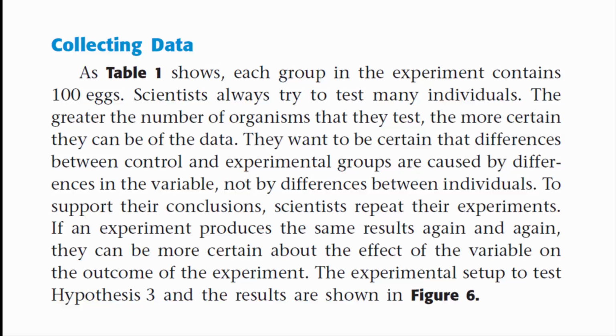To support their conclusions, scientists repeat their experiments. If an experiment produces the same results again and again, they can be more certain about the effect of the variable on the outcome of the experiment. The experimental setup to test hypothesis 3 and the results are shown in Figure 6.